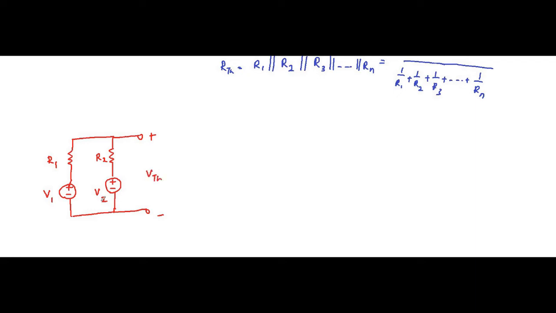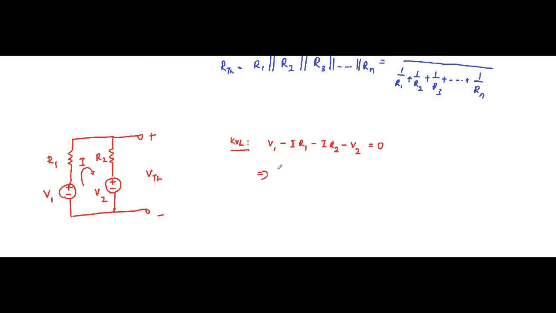Let us say a mesh current I flows through it. If we apply KVL in this closed loop, the KVL equation will be V1 minus IR1 minus IR2 minus V2 is equal to 0.